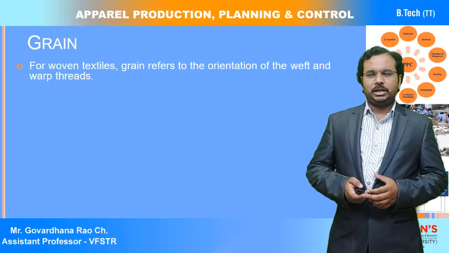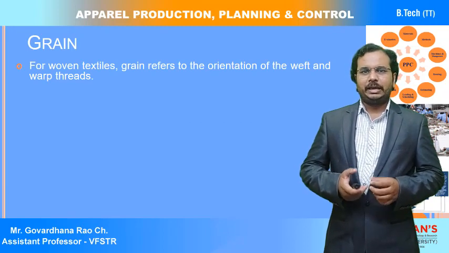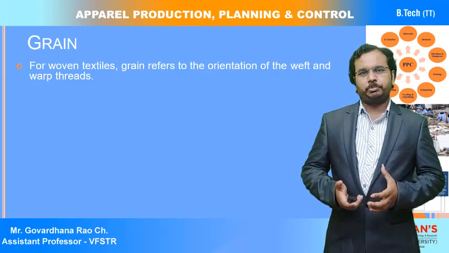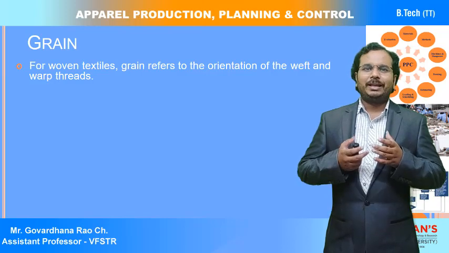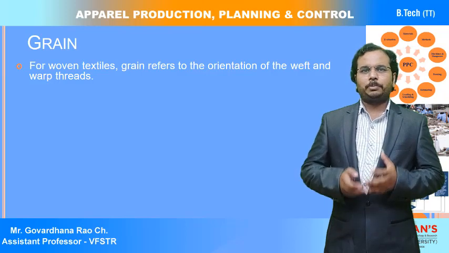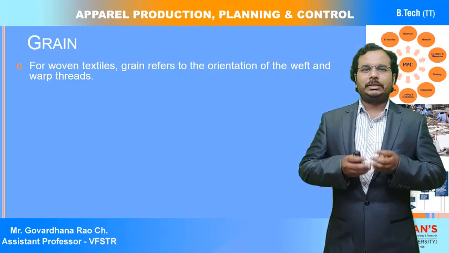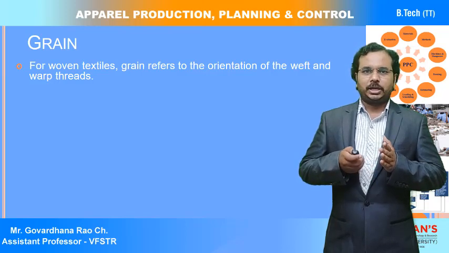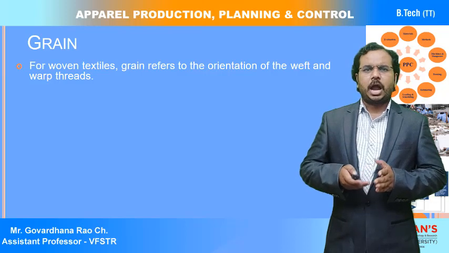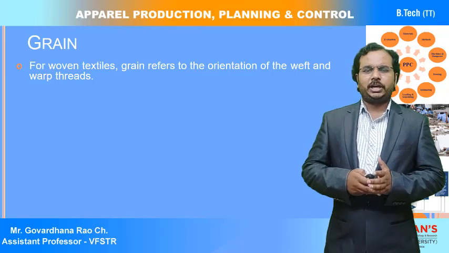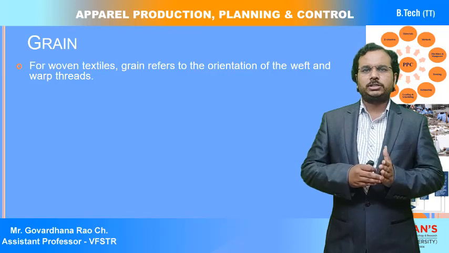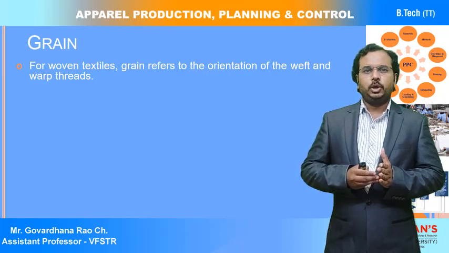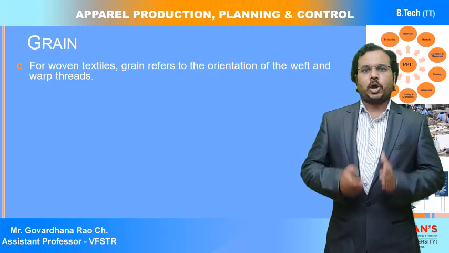You can see here, for woven textiles, grain refers to the orientation of weft and warp threads. You can observe that the warp threads, along the axis, are called the straight grain, and the weft threads, which are the cross direction threads you see in the fabric construction, are called the cross grain.